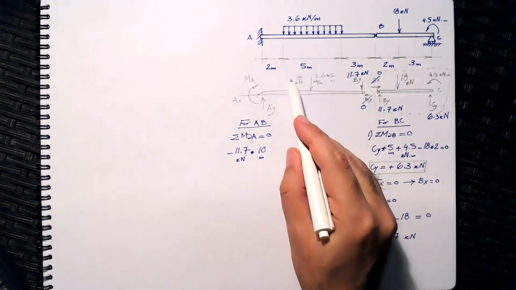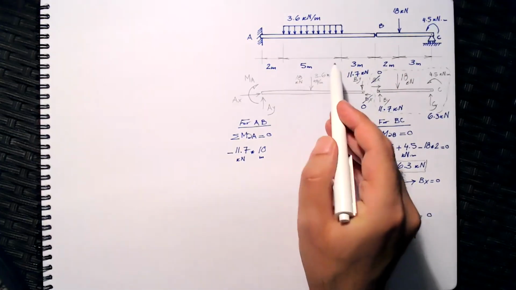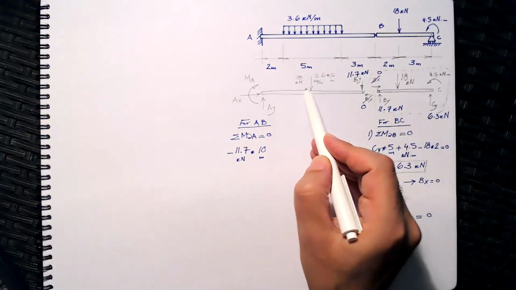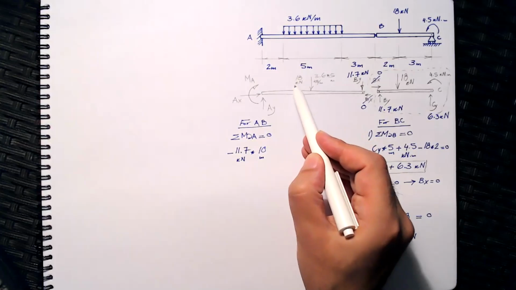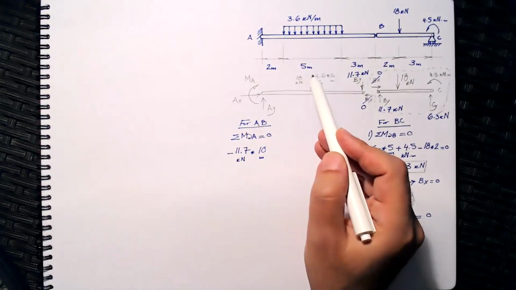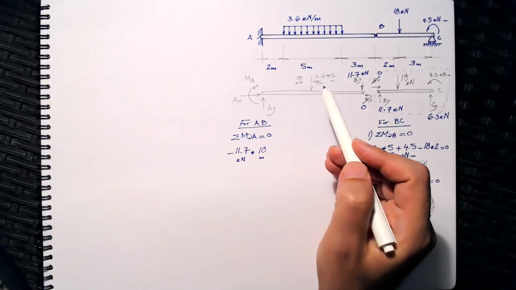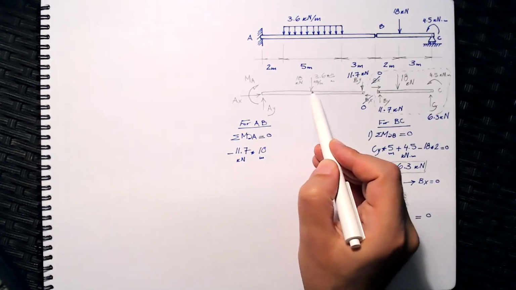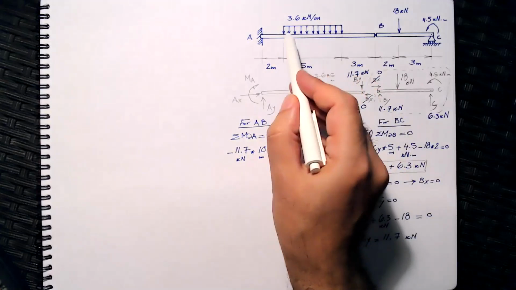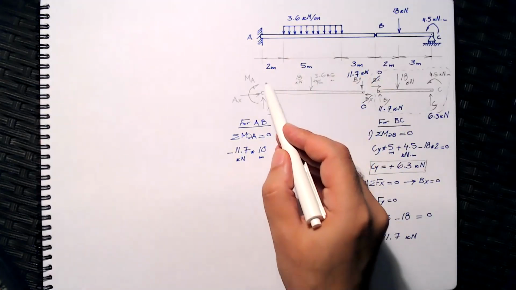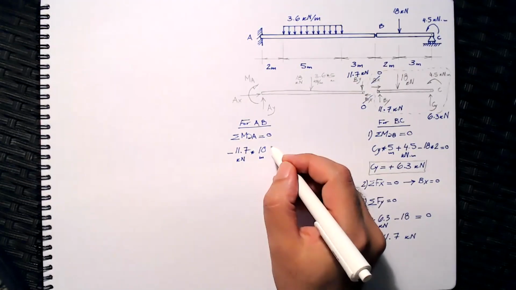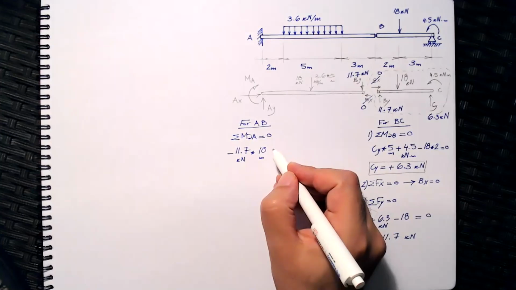If you look at the 18 kilonewton, this is the resultant of the distributed load. So that's perfect. I remove the distributed load and I'm going to use the resultant to calculate the reactions. I mentioned before, if we are calculating the internal forces, I will have to consider it as a distributed load, but just for the sake of reactions, this is something that we can use the resultant for.